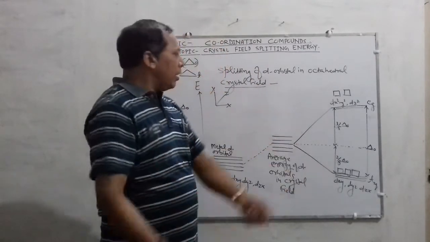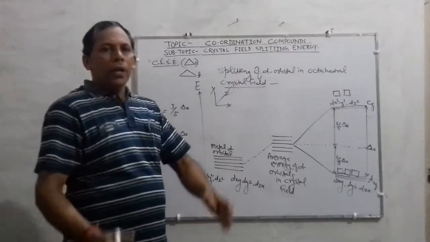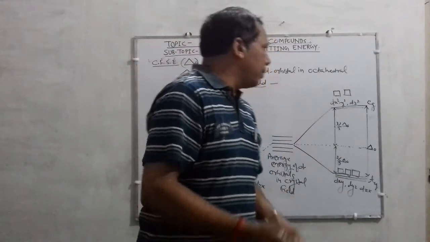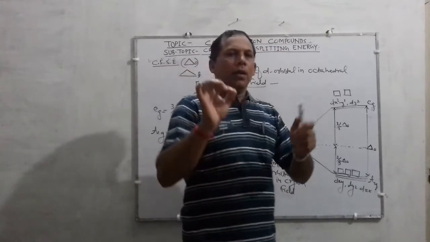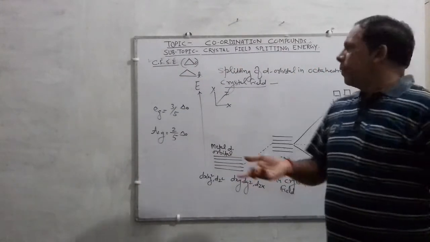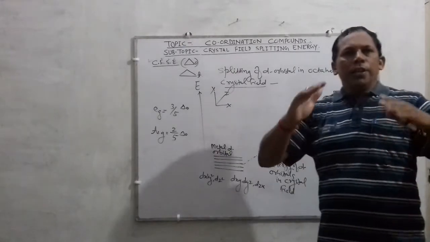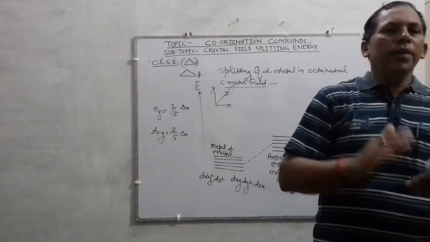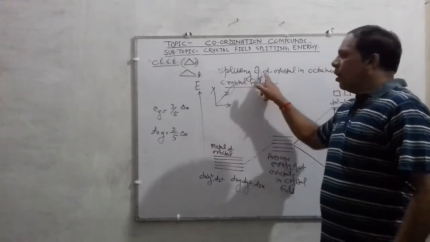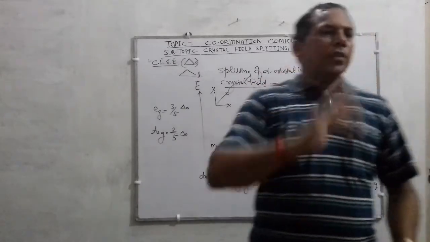Similarly, what happens in the case of tetrahedral splitting? You must remember that the splitting of d orbitals in a tetrahedral crystal field is just inverted, the reverse of the octahedral crystal field splitting.